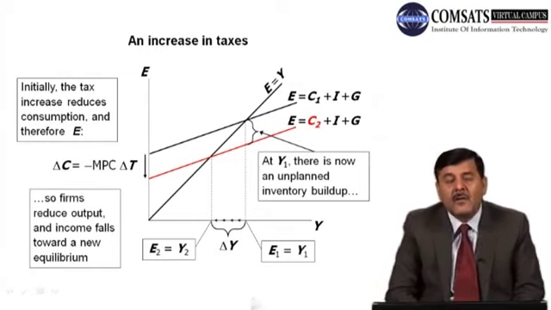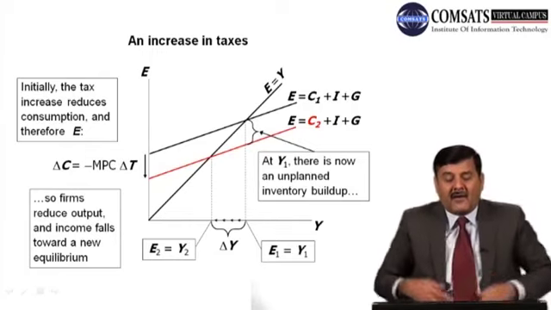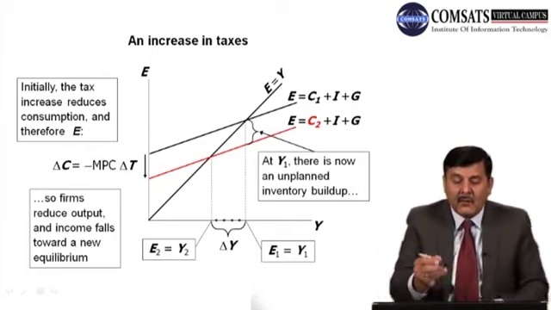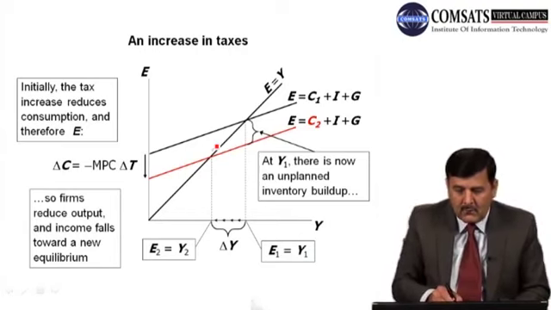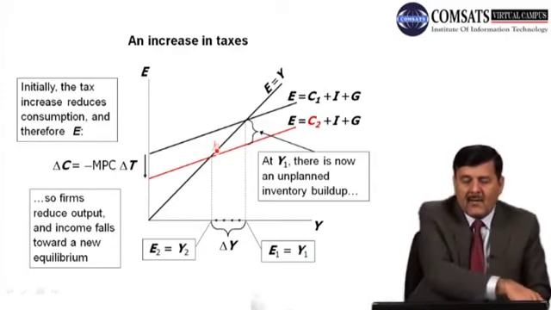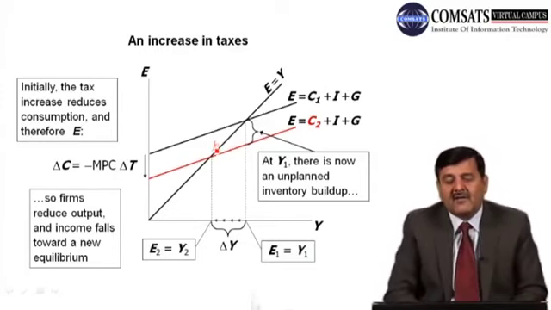When the curve will shift downward, what will happen? There is a build up in the inventory investment. जब build up होगा तो firm will reduce output, and income falls towards a new equilibrium, and that equilibrium is at point B, where this new expenditure curve is intersecting the income line, and now the income is equal to Y2.